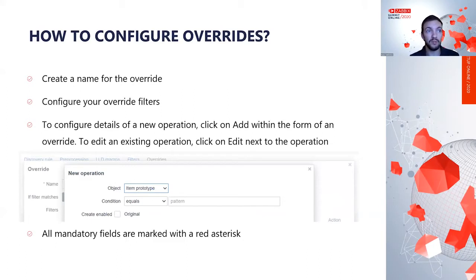There are 4 object types which you can select: item prototype, host prototype, trigger prototype, or graph prototype. And again, you select the condition under which this particular entity will be selected. So you kind of create 2 filters. One filter specifies which part of the low-level discovery rule you will be working with, and the second filter specifies which entity you are going to work with.